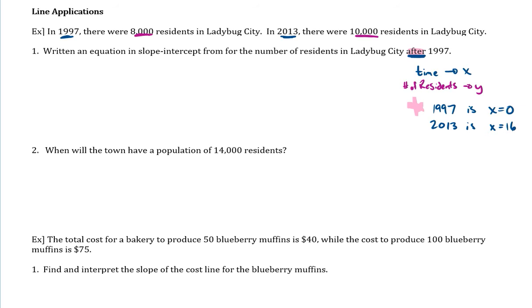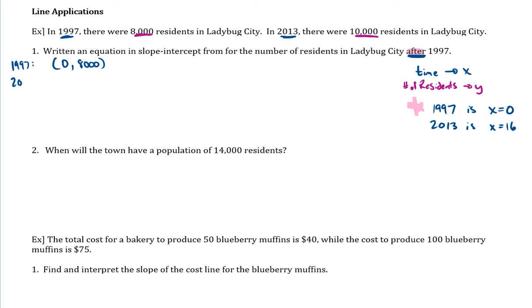Okay, so what we're doing is really breaking it down to get points. So let's take this information, the 1997 is x equals 0, and make a point out of it. So for 1997, we have the time is 0, and then they're saying the number of residents in 1997 is 8,000. Okay, so our x-coordinate again is the time, the y-coordinate is the number of residents.